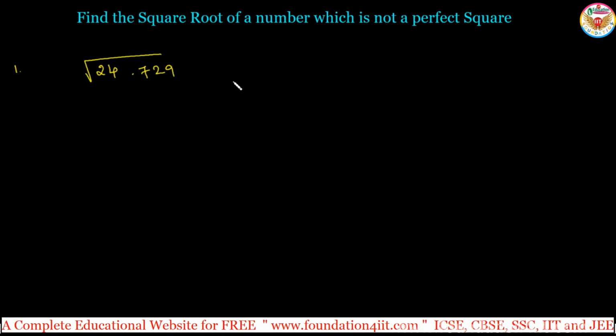Let me take this correct to 2 decimal places first, then we can see the other one. So find out the square root of 24.729 correct to 2 places of decimals. After the point we need to get 2 decimal places.